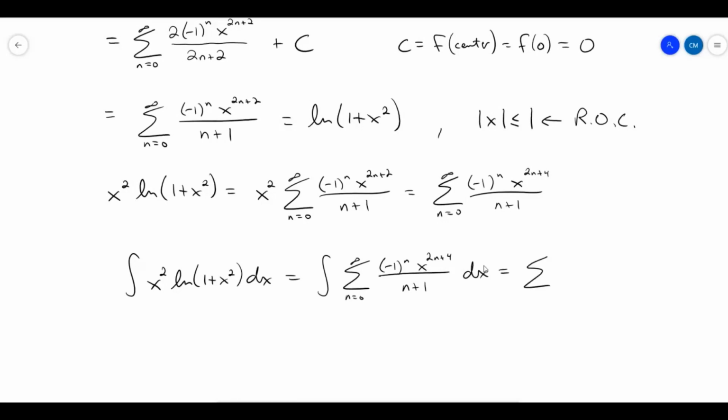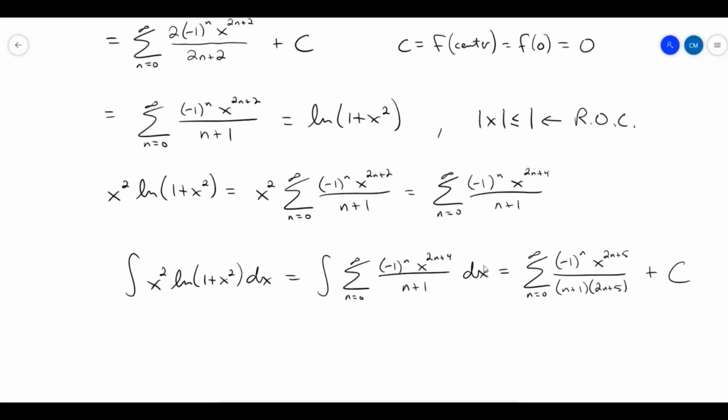So I'm going to get my final answer here as x to the 2n, this gets raised by 1, so x to the 2n plus 5, and we have to divide by that as well, so we're going to get n plus 1, 2n plus 5 in the denominator. And this is a genuine antiderivative here, so we have to put the plus c on that, but there's no way we're going to find what that c is because this is just finding a general antiderivative, and so we've done that.